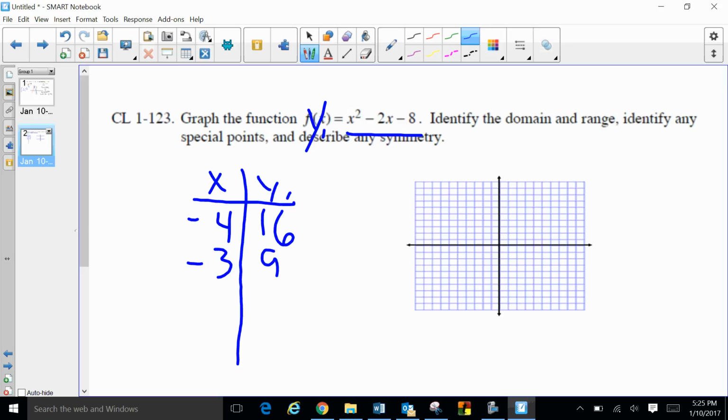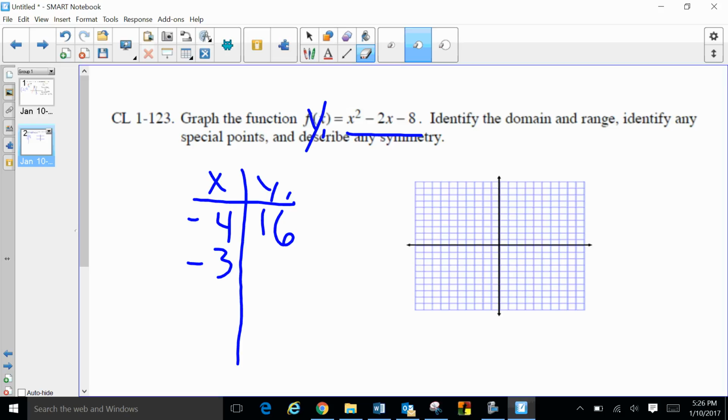Is that correct? Is it -3, 9? No, I don't think that's right. Hold on just a second. Ay, ay, ay. -3. It's actually 7.